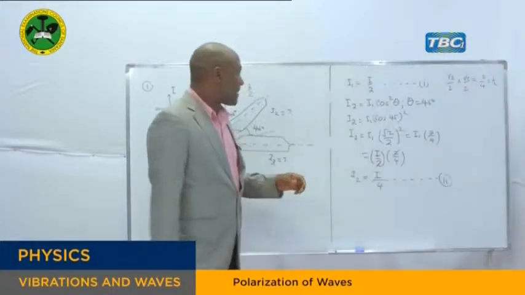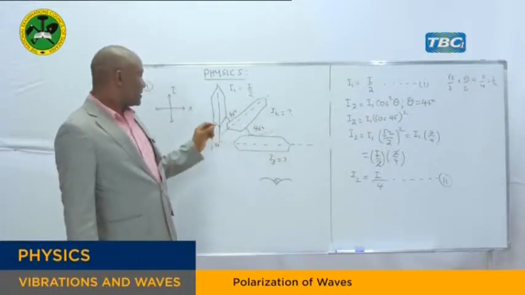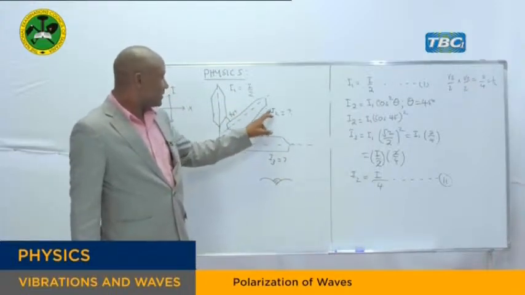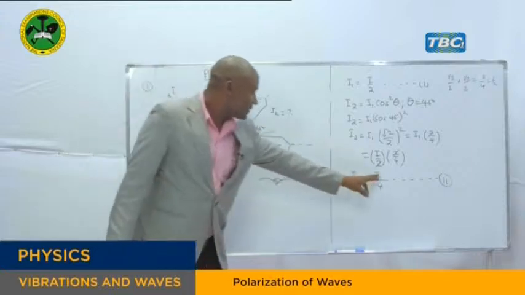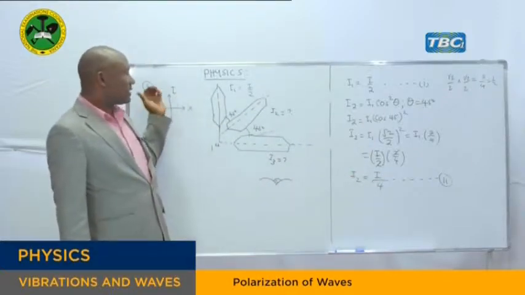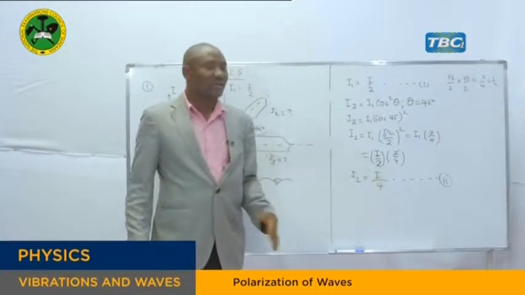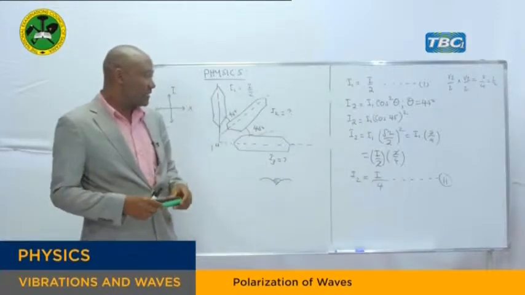So we know how much of the original intensity of the unpolarized light will be transmitted through the second polarizer. And as I said before, this can be I0, or any symbol you normally use to represent that intensity.